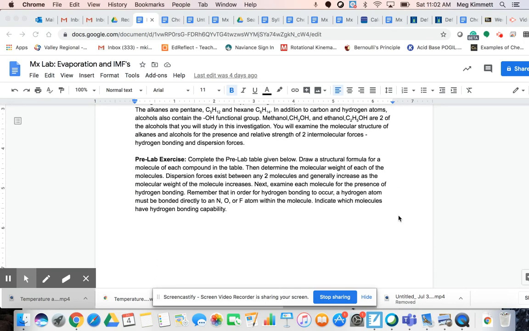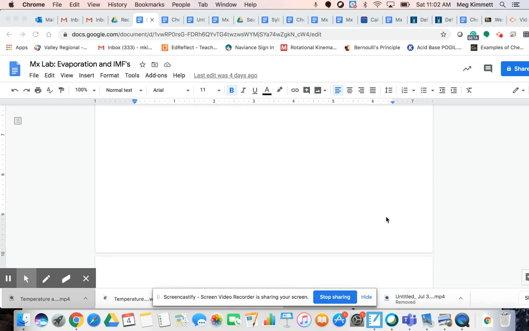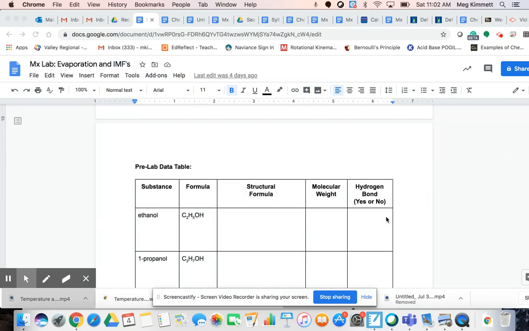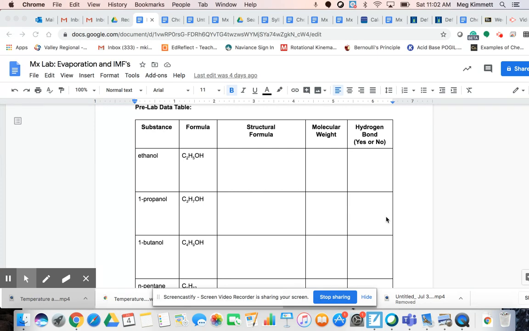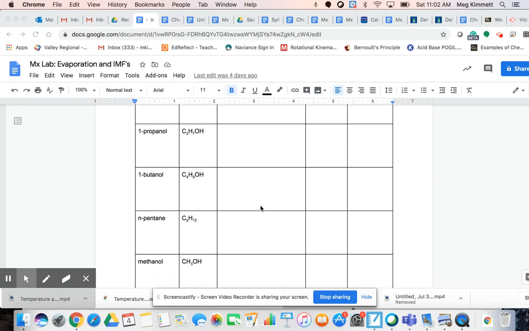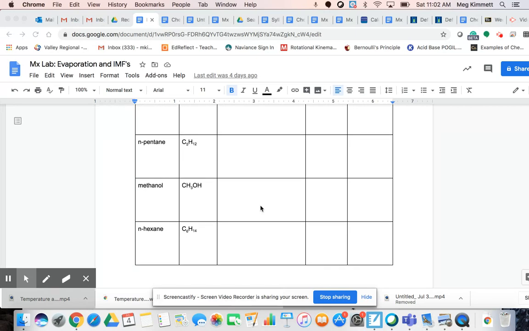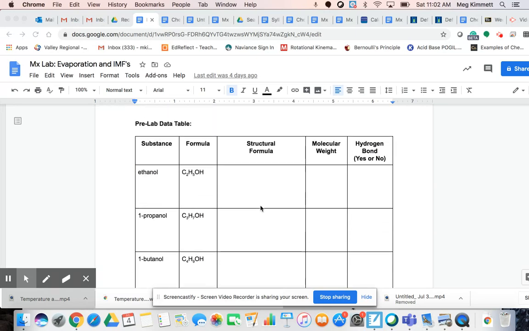So there's a pre-lab exercise here, which is described in detail here. And if you go down and look at your pre-lab data table, the first thing you would want to do is look at the Lewis structure for each of these substances that are going to be analyzed here. There's just 6 of them.